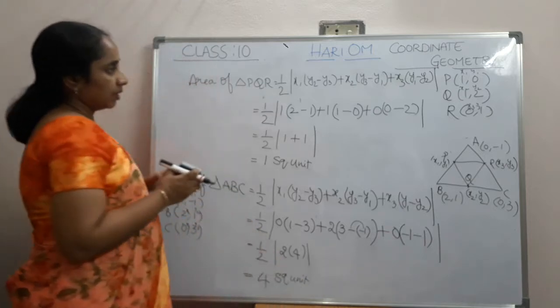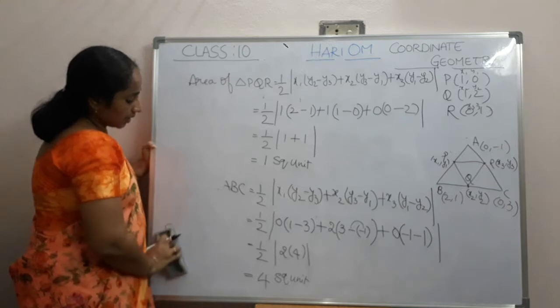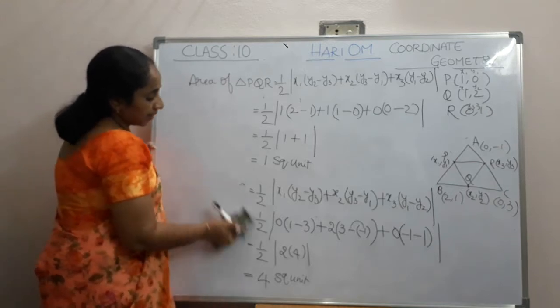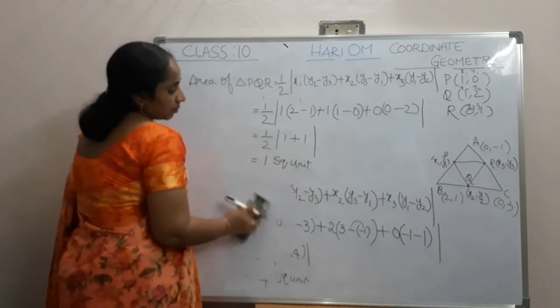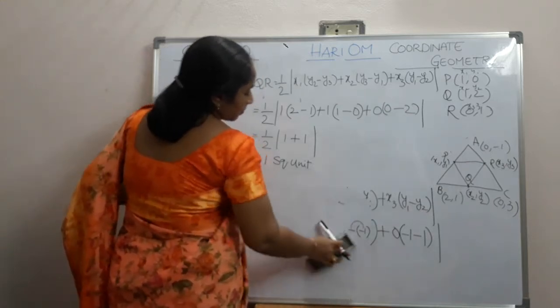Now in the question they asked to find the ratio of PQR and ABC.